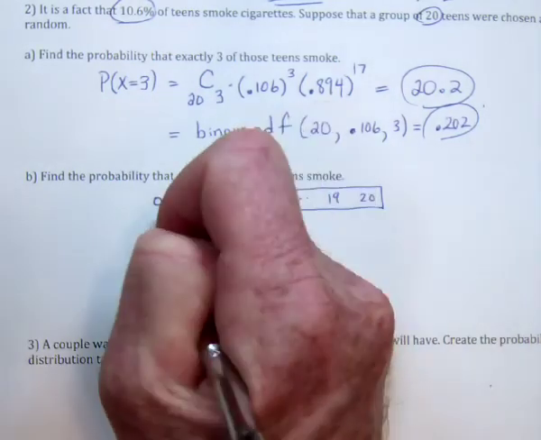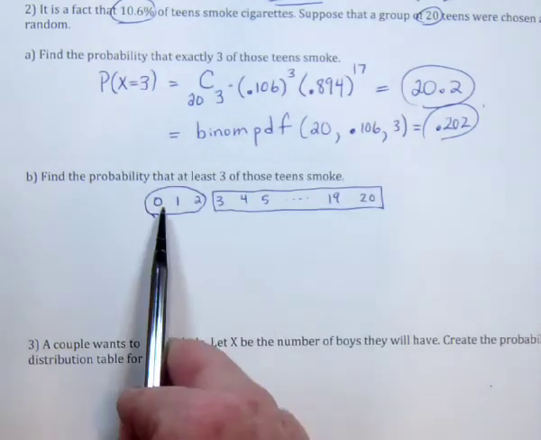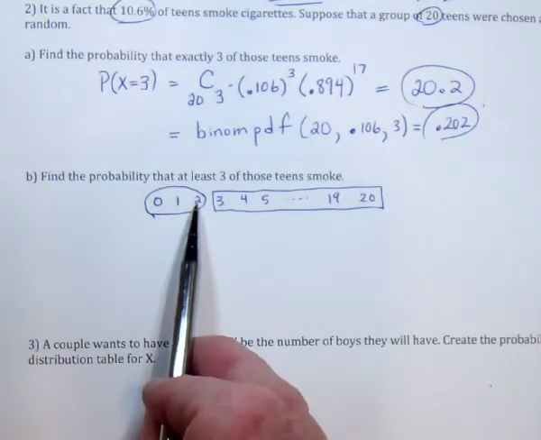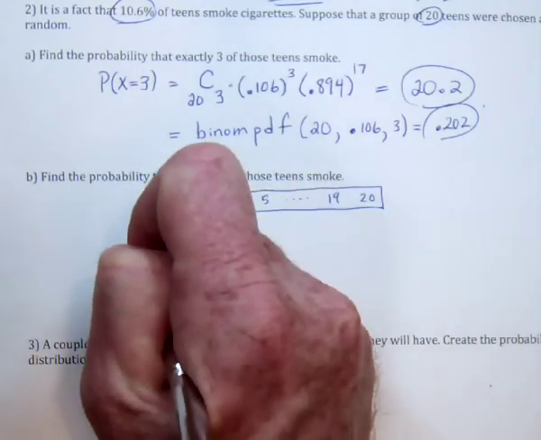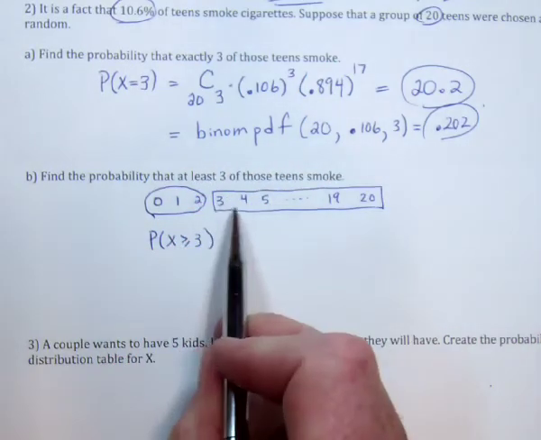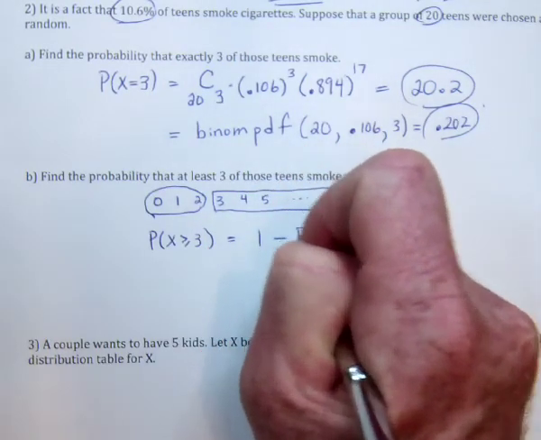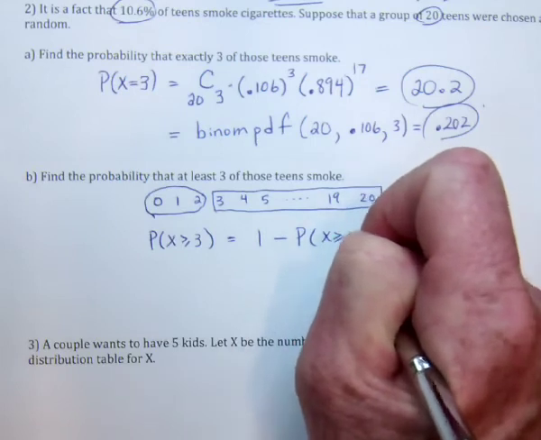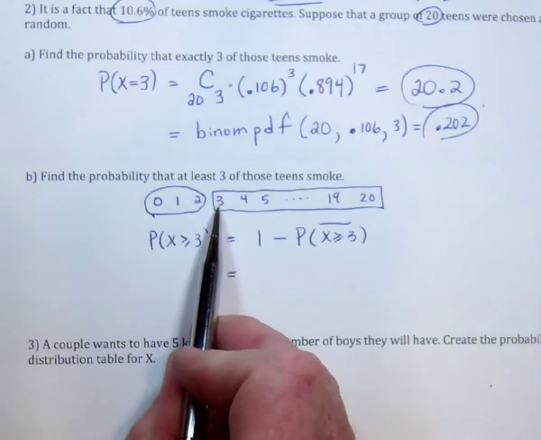Well, what we could do is we could do the opposite, and the calculator does have a function to add those up. And then for this side, it's going to be 1 minus the opposite. So here's what it would look like. The probability that x is at least 3, so that's the original question. And instead of doing that, I'm going to do 1 minus the opposite. And then the opposite of at least 3 jumps us over here.